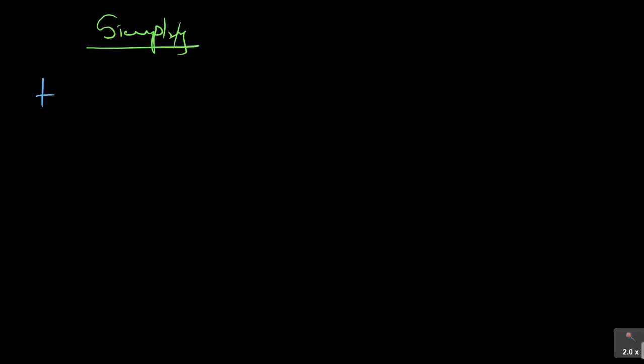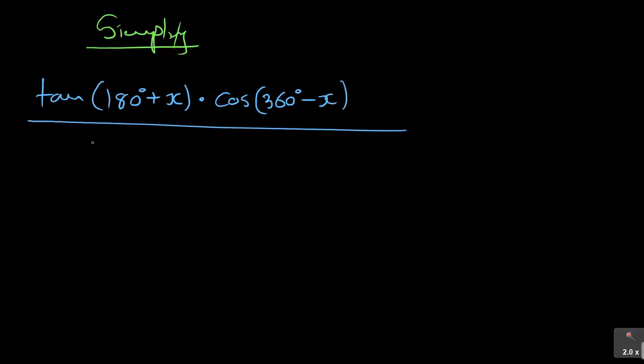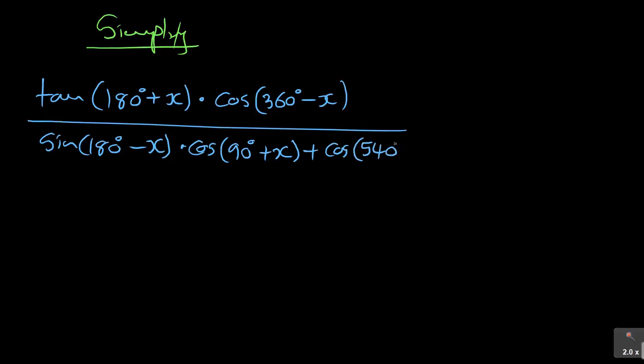You are given tan of 180 degrees plus x, this multiplies with cos of 360 degrees minus x, then it's all over sine of 180 degrees minus x multiplied by cos of 90 degrees plus x, and then plus cos of 540 degrees plus x, and then times cos of negative x. So basically this is still over, this is dividing.